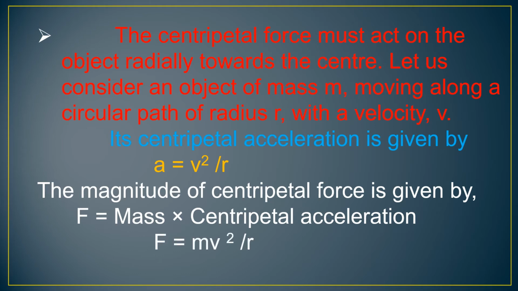We can write F is equal to mv squared divided by r, because F is equal to mass m times the centripetal acceleration, which is v squared divided by r. That's why F is equal to mv squared divided by r.